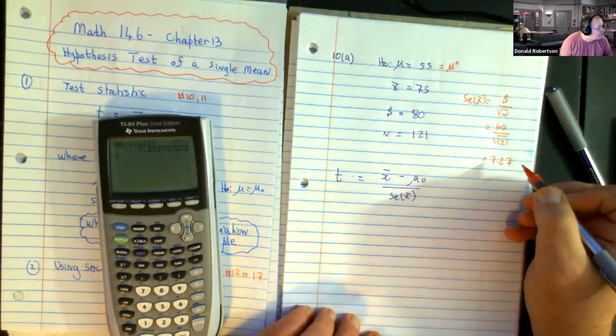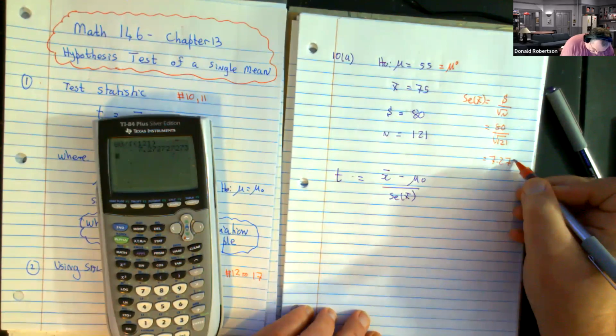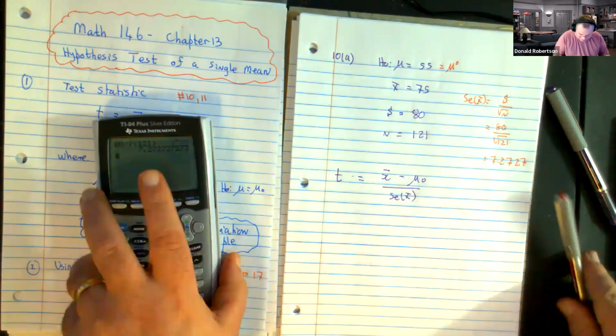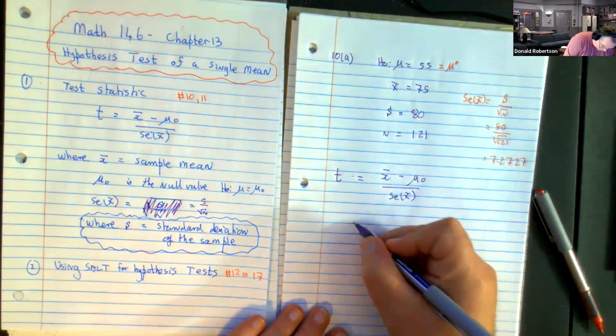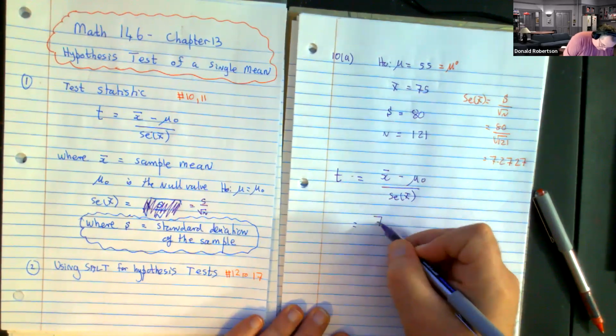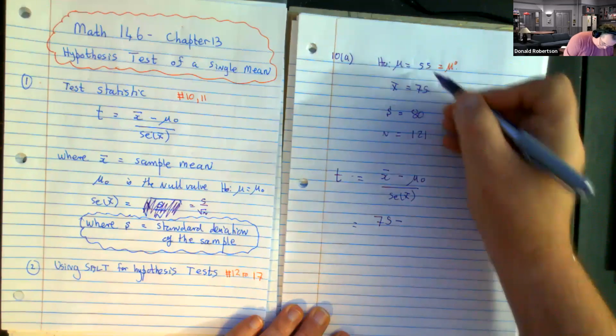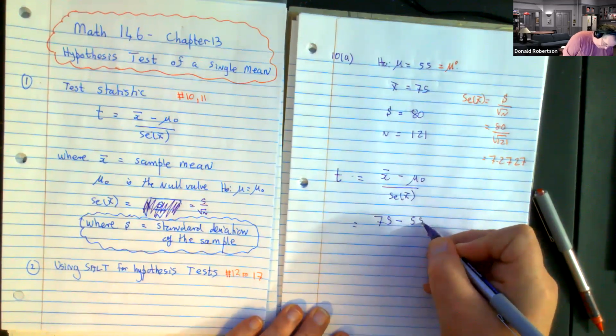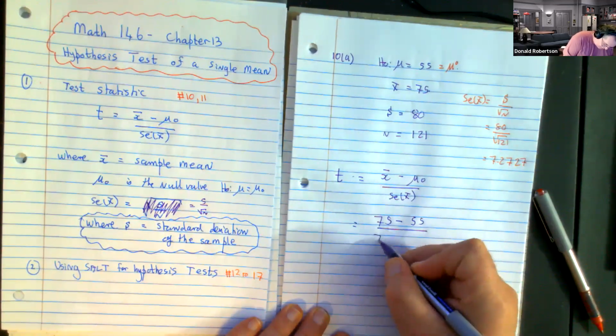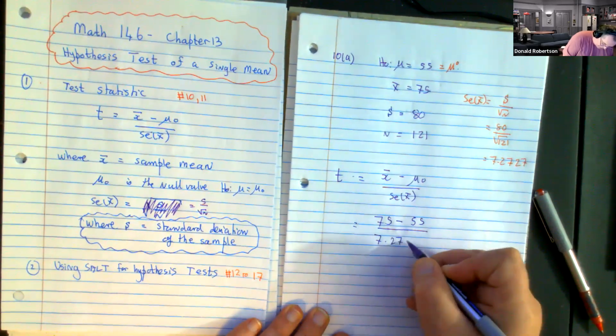Let's check how much accuracy. Okay, they want 2 decimal places, so I'll make that a little bit more accurate. So I've got all the numbers now. The mean of the sample was 75. The mu naught value was 55. And the standard error was 7.2727.